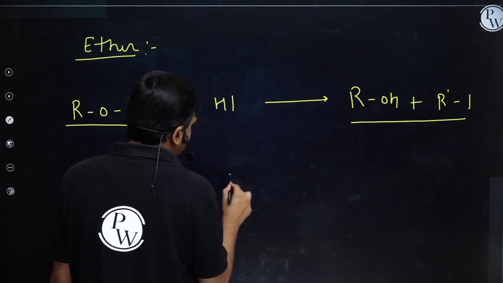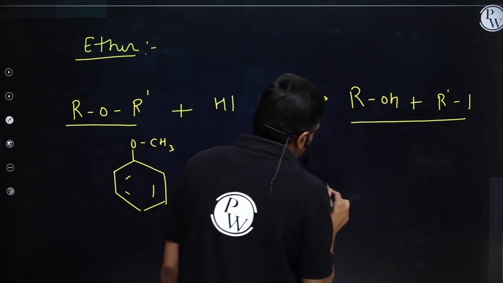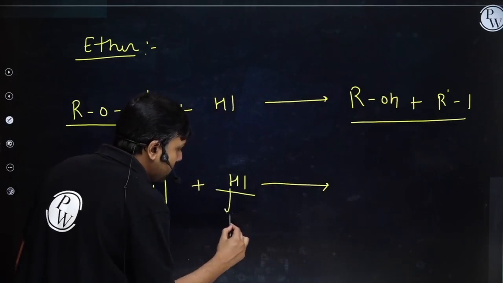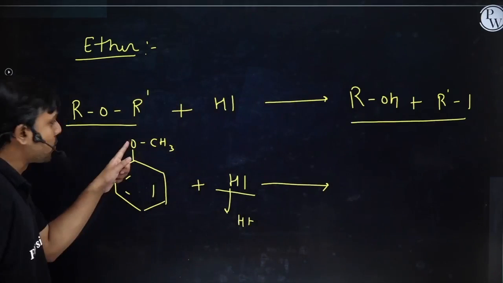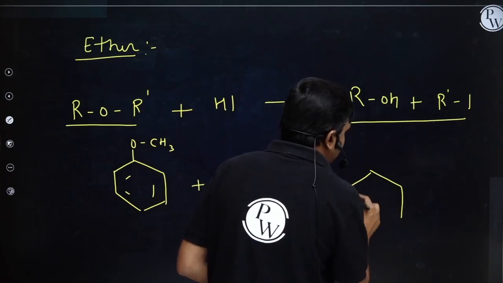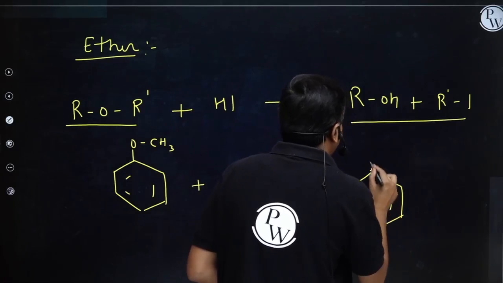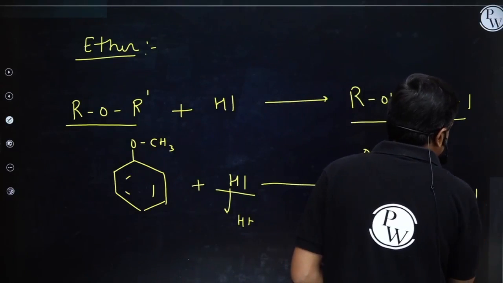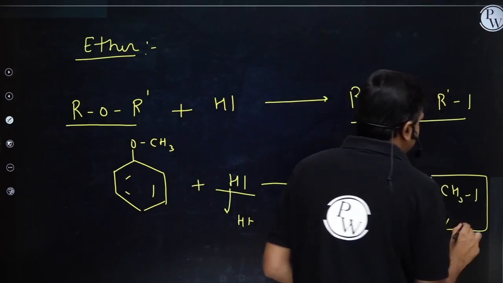And now it's treated with HI, concentrated. What will be the product? This HI will act as a source of H+. It will protonate the oxygen. So I will have the formation of phenol. Apart from phenol, I will have my product CH3I. It's nothing but alkyl halide.